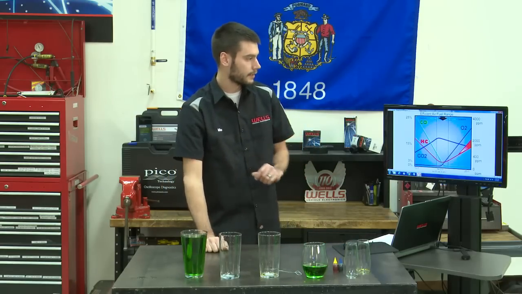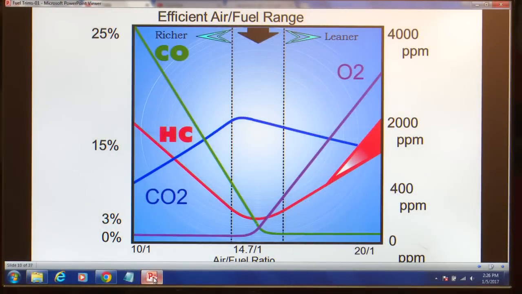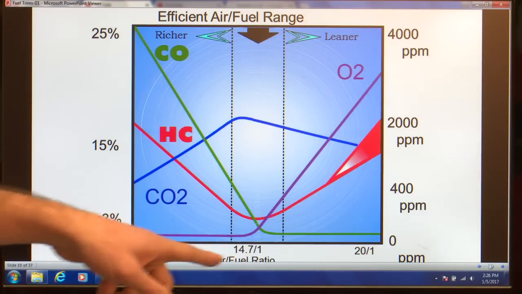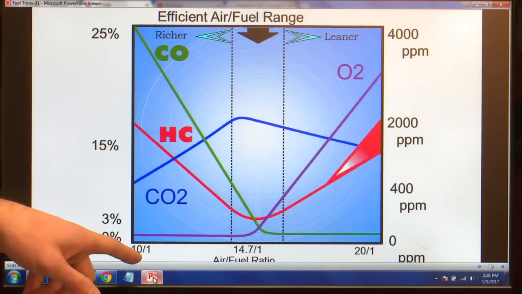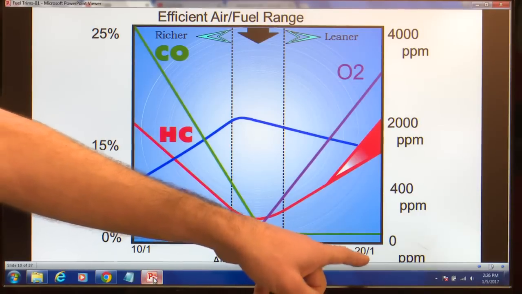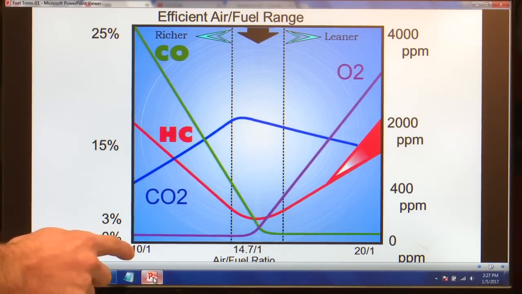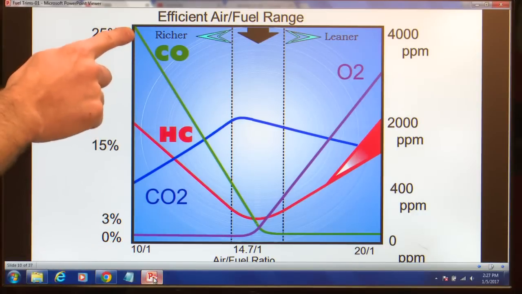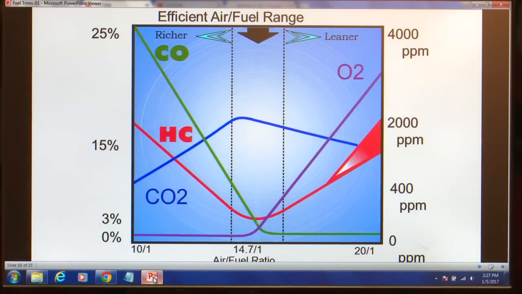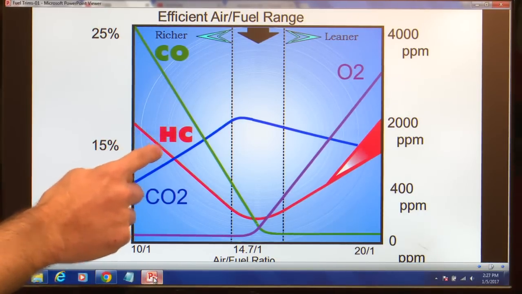Okay, so enough about volumetric efficiency. Let's get back to air-fuel ratio. On the screen right here, we have a chart for air-fuel ratio. Remember, the lower the number of air-fuel ratio, the richer the mixture, and the higher the number, the leaner the mixture. At a rich mixture, at 10 parts of air to 1 part of fuel, we're seeing really high carbon monoxide and relatively high hydrocarbons.